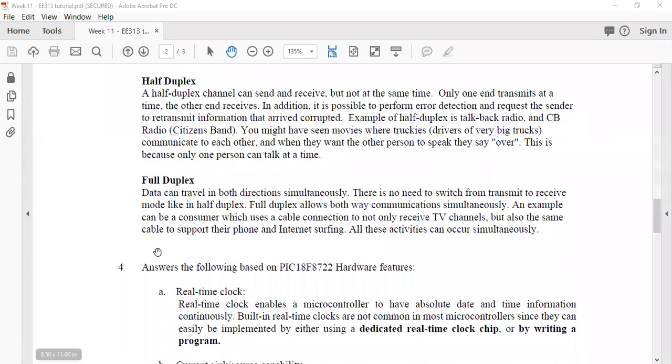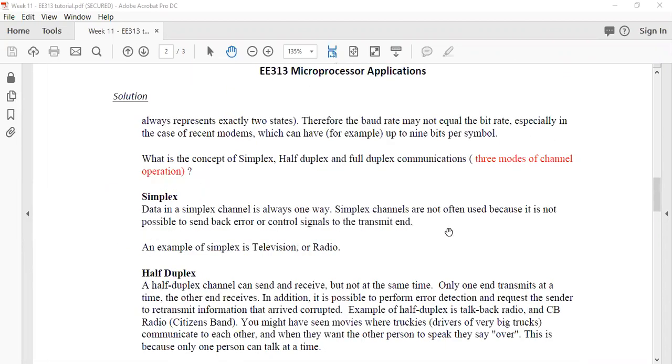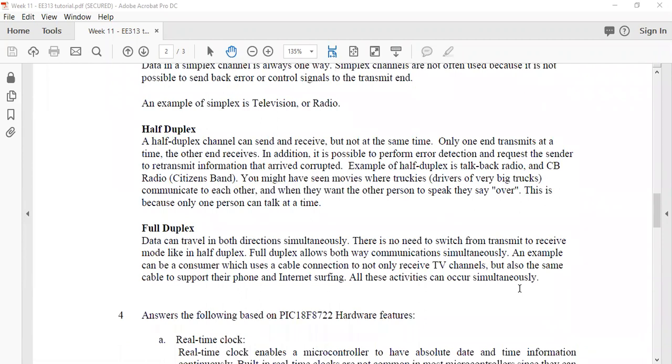In a full duplex system, you can send and receive the data at one time, right? It is simultaneous. So simplex is one-way traffic, half duplex is two-way traffic but one at a time, and full duplex is sending and receiving data simultaneously.